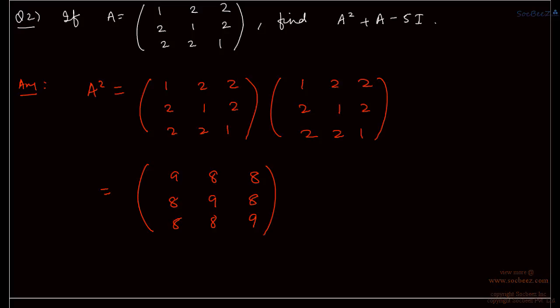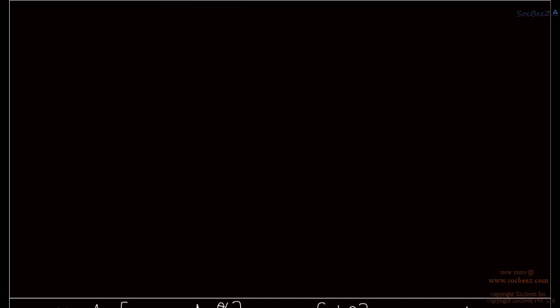So now that we know A², let us expand our given statement, that is A² + A − 5I. Obviously I is the identity matrix of order 3.